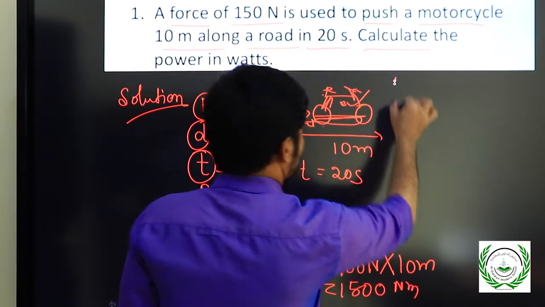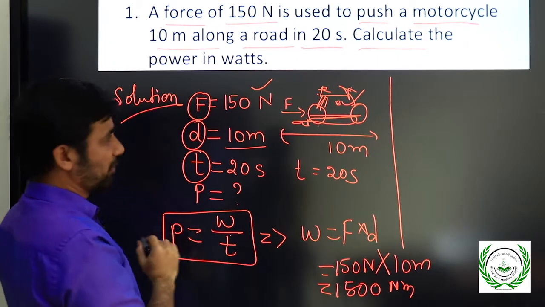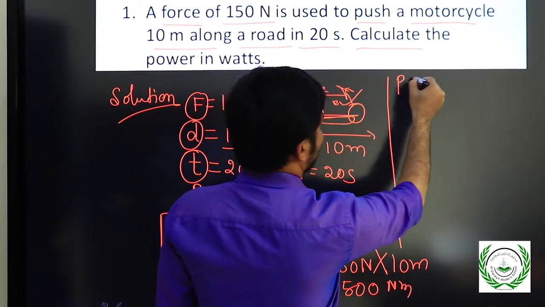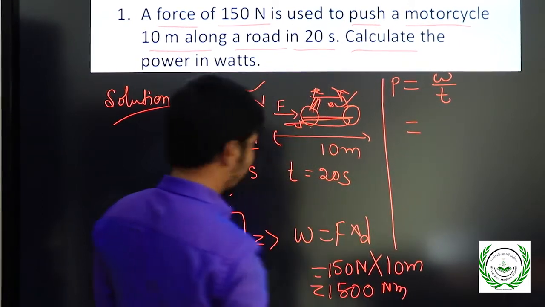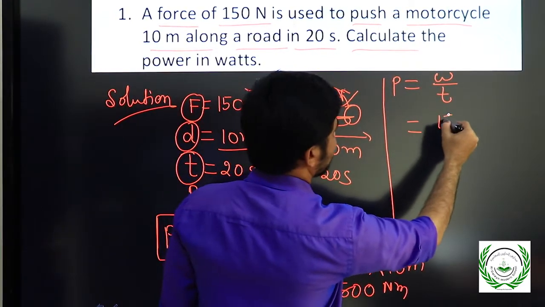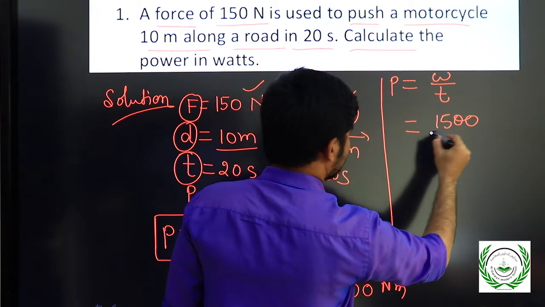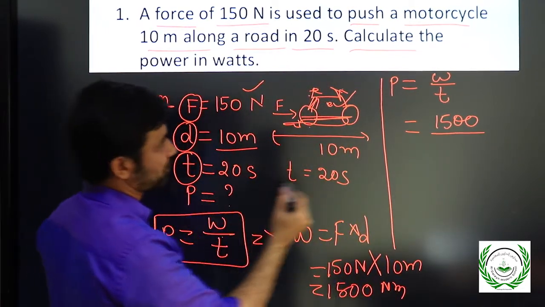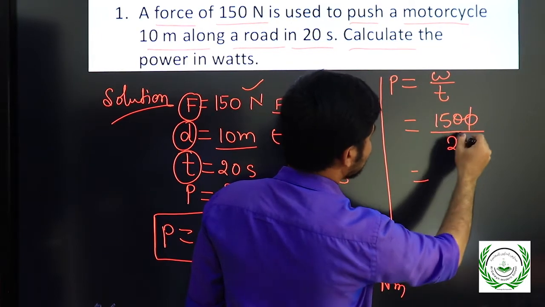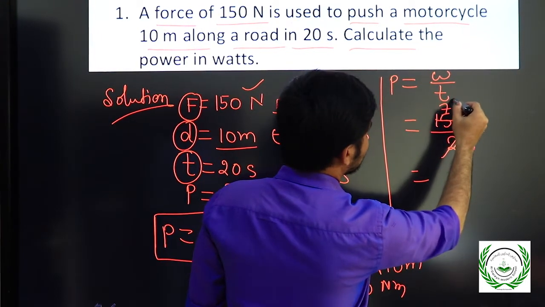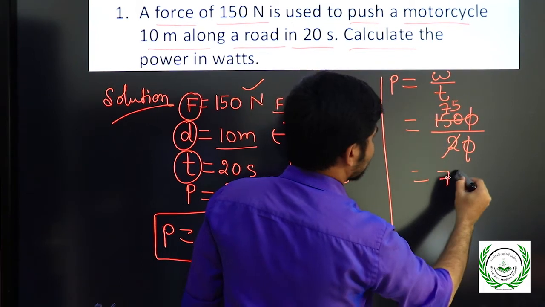Next, we need to find the power. Power is equal to work done divided by time. What is the work he has done? 1500, divided by the time it has taken, 20. Now if you cancel this, 75.